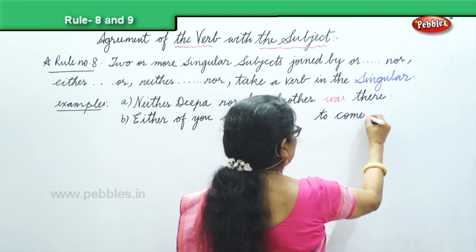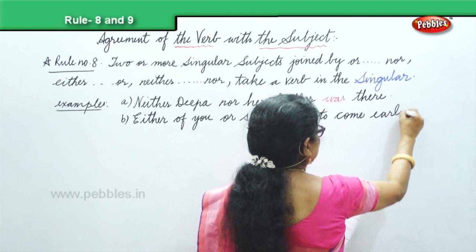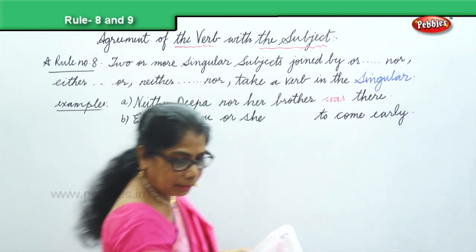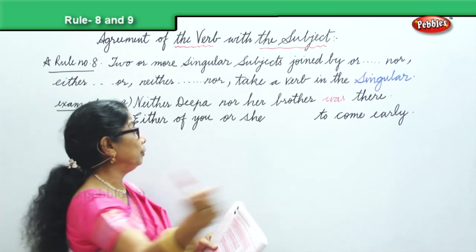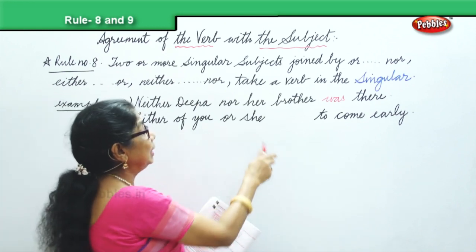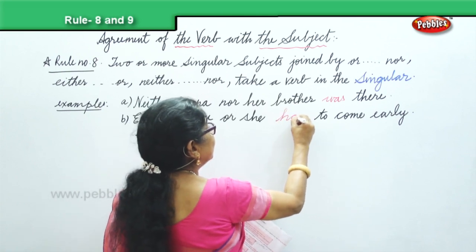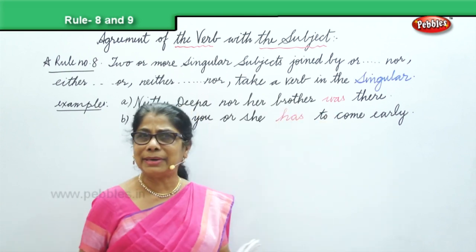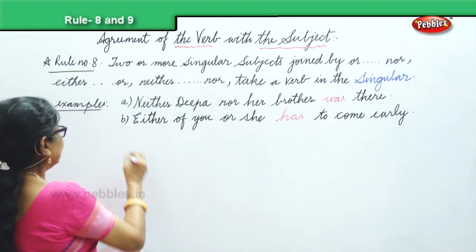Singular form of verb, come early. Okay, so either of you, any one of you, or she has to come, singular form of verb, has to come early.